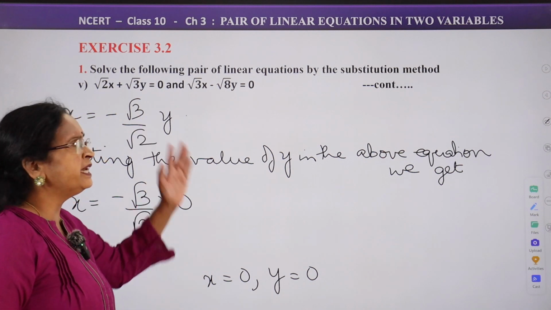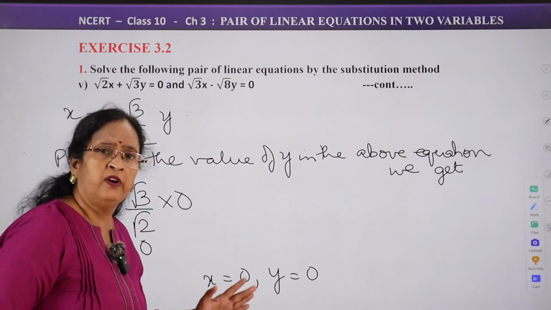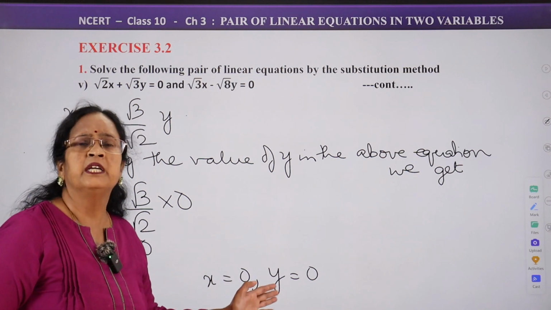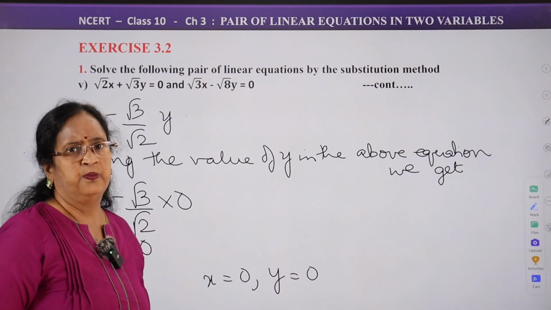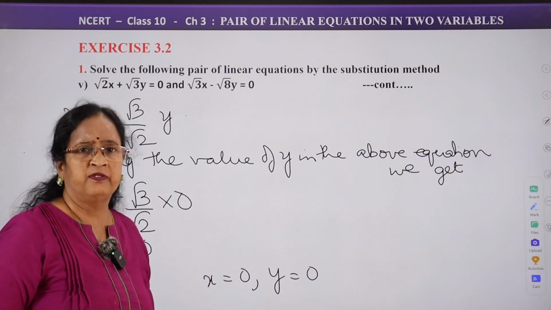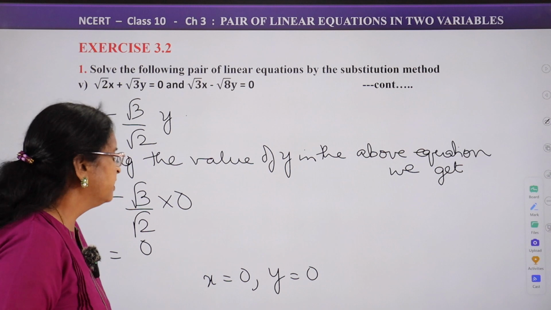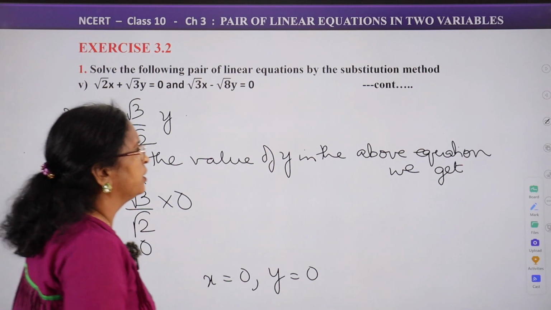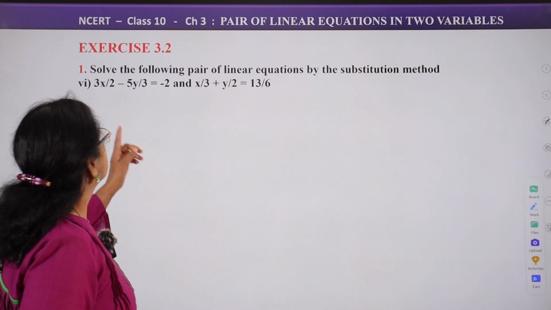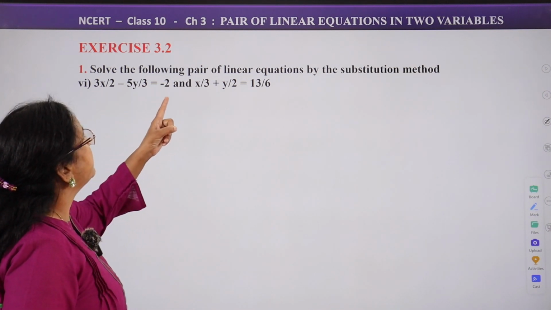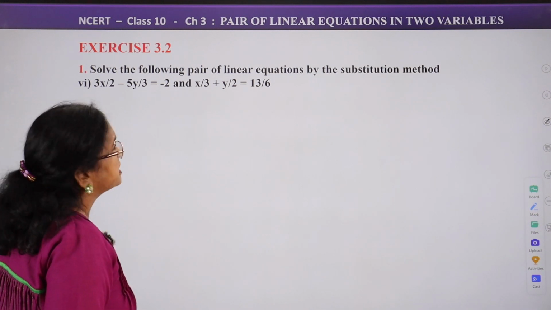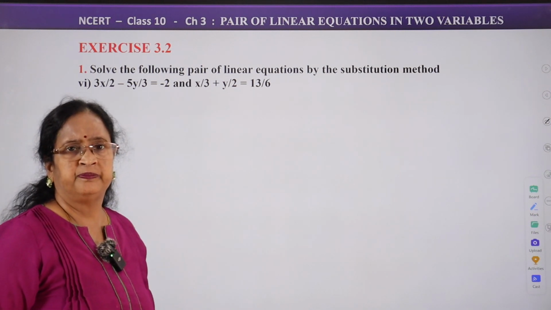So for the given linear equations, when solved, we got x is equal to 0 and y is equal to 0. This is the way we solve the sum. Now moving on to the next sum, where we solve the following pair of linear equations by substitution method.